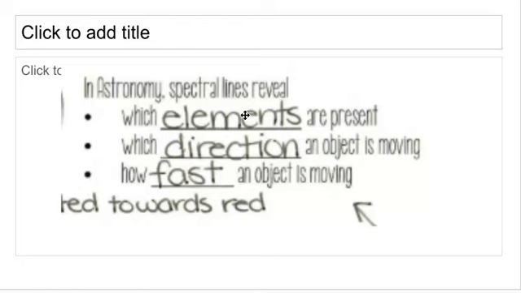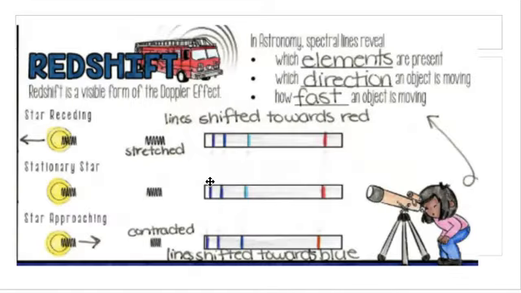So we're looking for characteristics on exoplanets that mimic Earth. We can also tell which direction an object is moving, and I'll go through that. And then we can also tell how fast an object is moving by using spectroscopy and the electromagnetic spectrum. We're going to talk about redshift and blueshift.